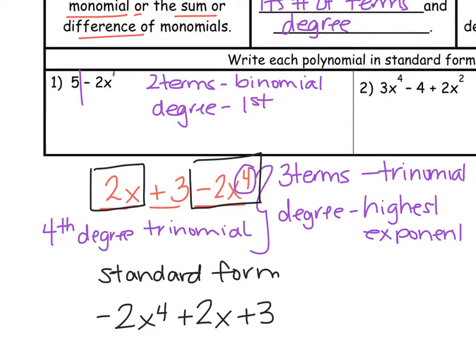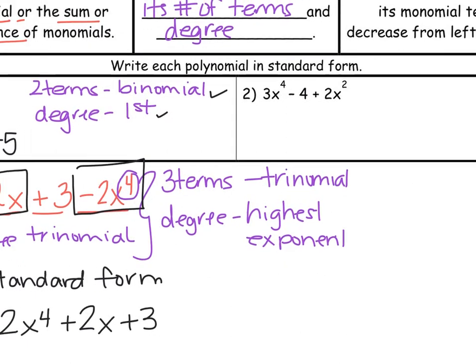So if we want to put this in standard form, variables go first in order from their exponents, from greatest to least, and then constants always go last. So this is a 1st degree binomial, and negative 2x plus 5 is the standard form.